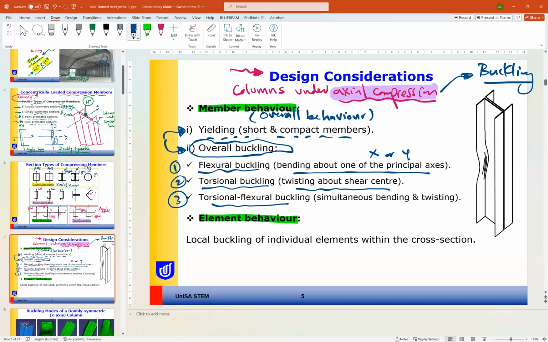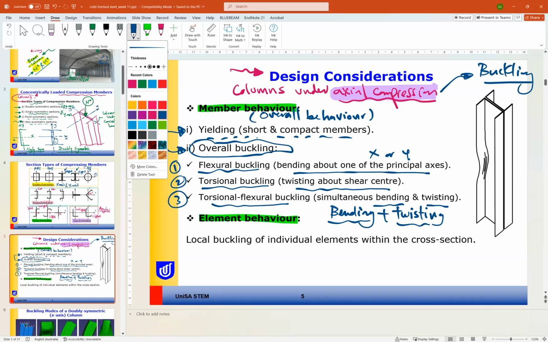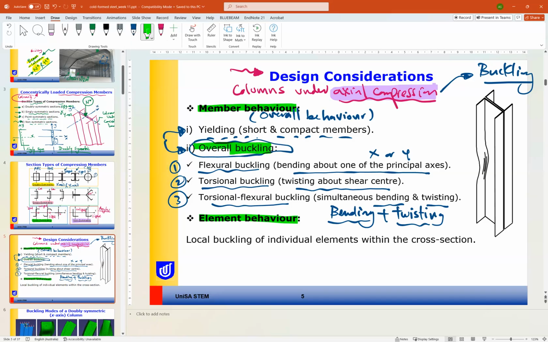Torsional flexural buckling means a combination of the first two, simultaneous bending and twisting, which includes bending about one of the axes plus twisting about the shear center. So these are the types of overall buckling we have in members under axial compression.